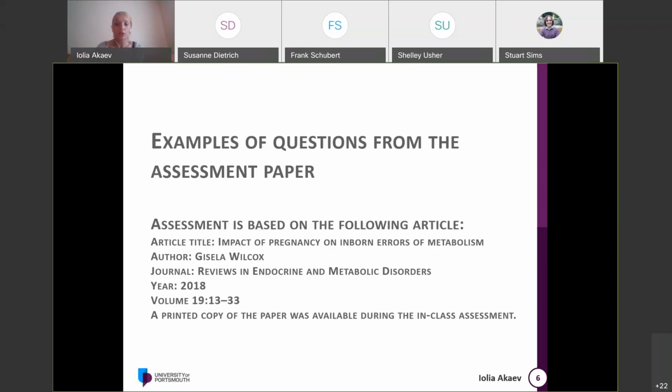Otherwise, the students could Google whatever they like if they access the paper as a PDF file. So I think this idea of having a printed copy was helpful to students and useful to us. Also, when I collected the papers at the end of the examination, a lot of students had highlighted or written in the paper, which I think helped them to find the correct answers as well.